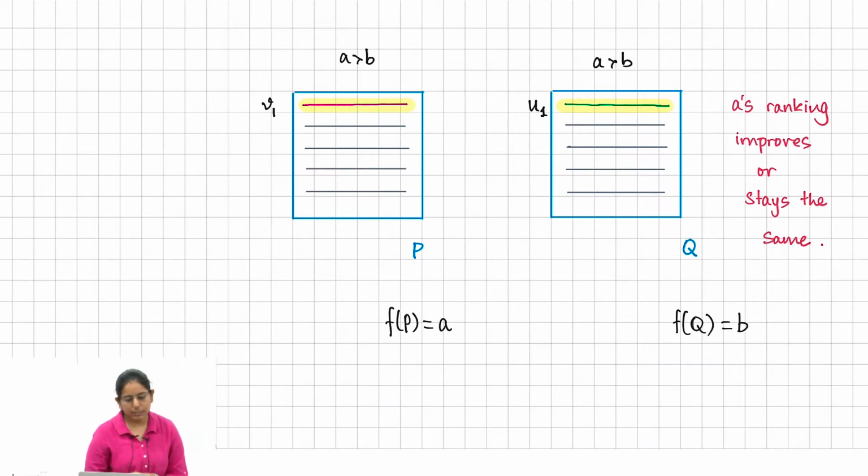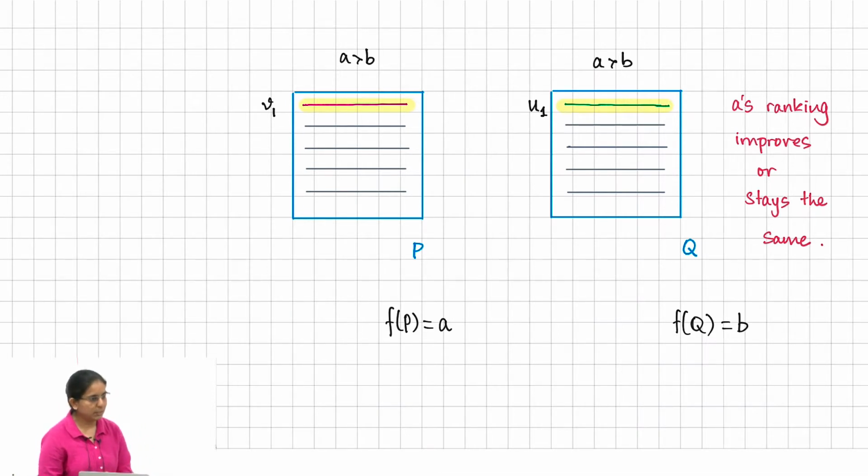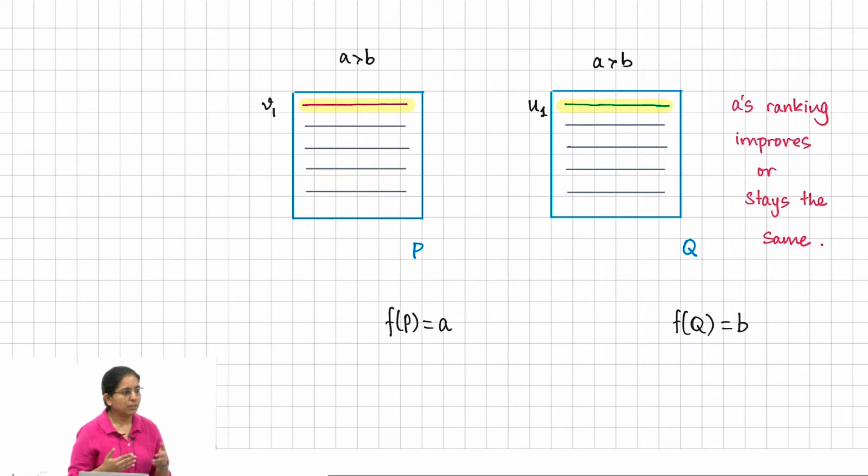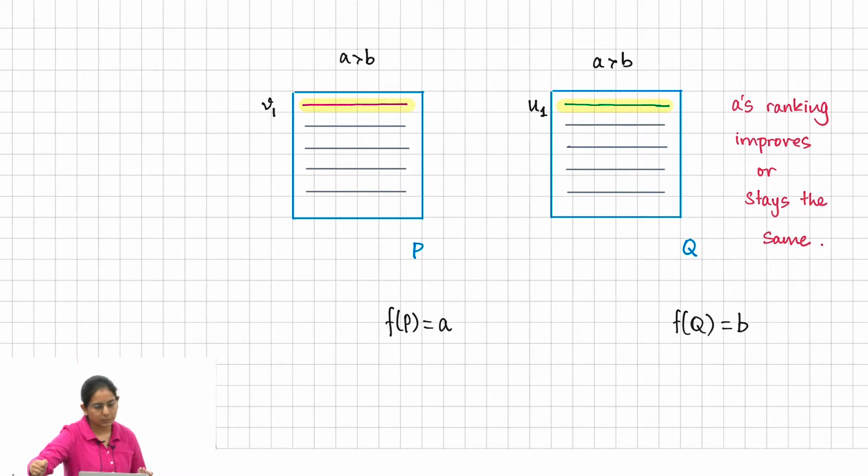Right, so V1 has an incentive to manipulate in the profile P because she can go to Q and obtain a better outcome. But you're right, there's nothing sacrosanct about P being a truthful profile and Q being a fake profile. That's a temporary status that we assign to the profiles to witness or explain that a manipulative situation has been created. So there are other places where you can also manifest manipulative behavior or scenarios.